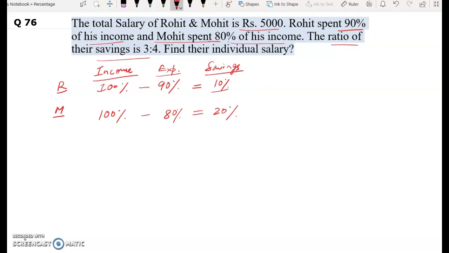Now the question says the ratio of their savings is 3:4. Now this is the saving of Rohit and this is the saving of Mohit. So 10% of Rohit's income divided by 20% of Mohit's income. This is the saving of Rohit and this is the saving of Mohit.